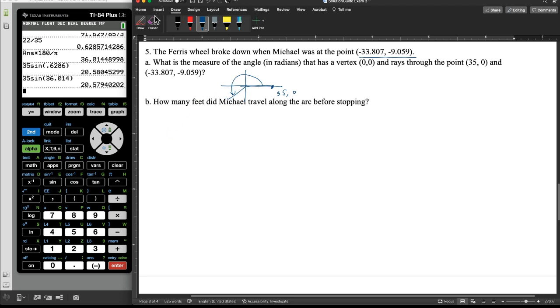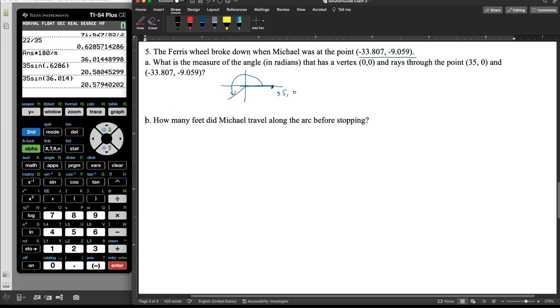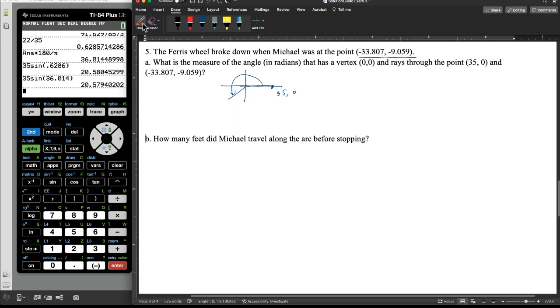Give a little bit more room. And we're saying that this point here has the coordinates negative 33.807 and negative 9.059.